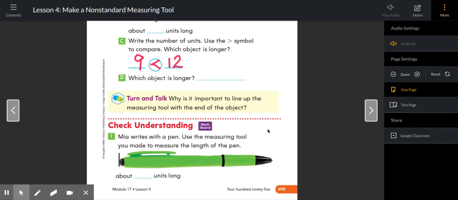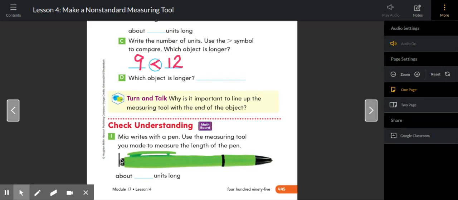Why is it important to line up the measuring tool with the end of the object? If you move it off so that it's not at the end of the object, your measurement will not be correct. Mia writes with a pen. Use the measuring tool you made to measure the length of the pen. So you're just going to lay your graph paper measuring tool. All of us have exactly the same graph paper, so we should get exactly the same numbers.